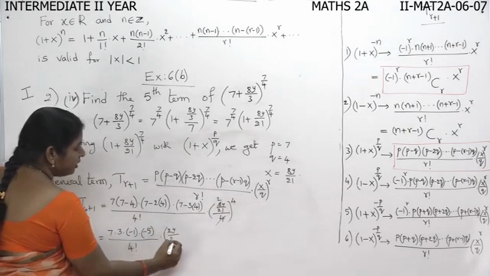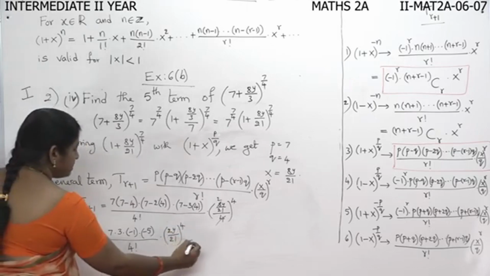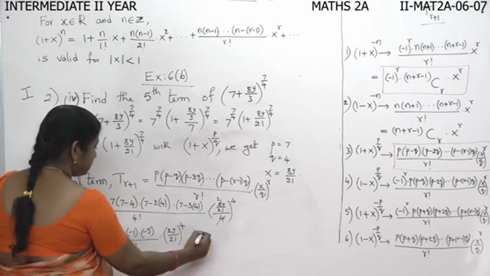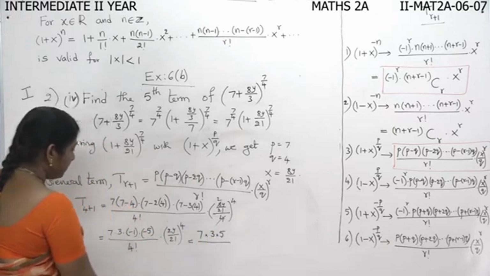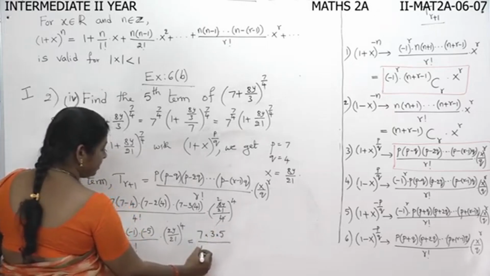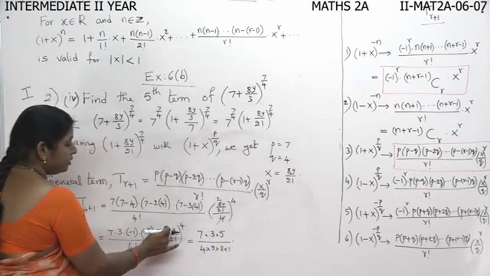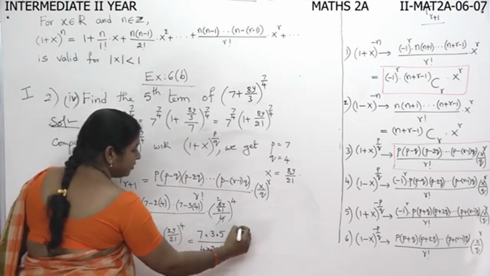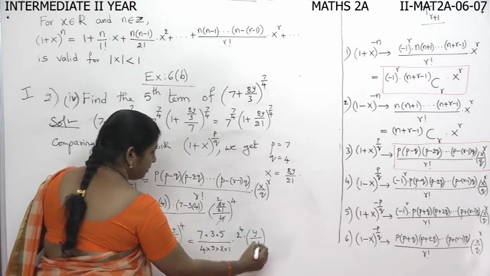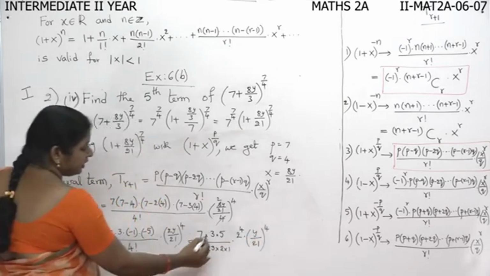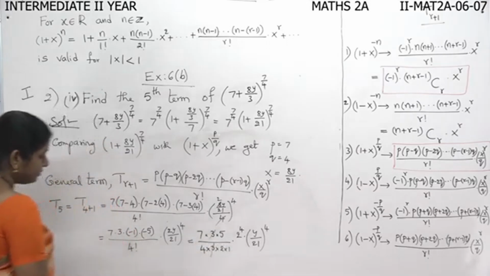So (2y/21)^4. Okay. So this can be again written as 7 into 3 into 5 by 4 factorial, which can be written as 4 into 3 into 2 into 1, and 2 can be kept outside. So it will be 2^4 into (y/21)^4. So that I can cancel this 3 and one more 2. The next step we will do that.